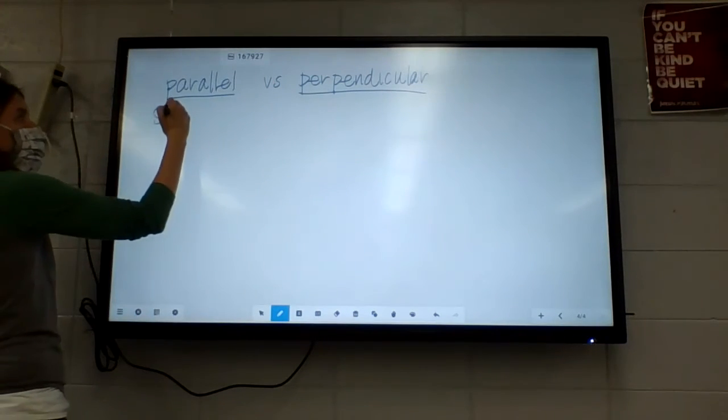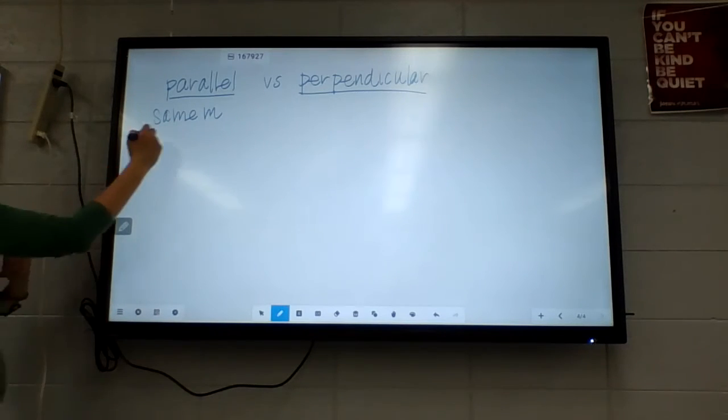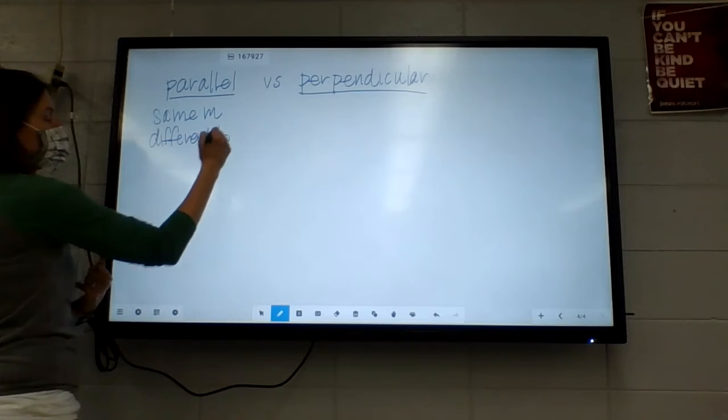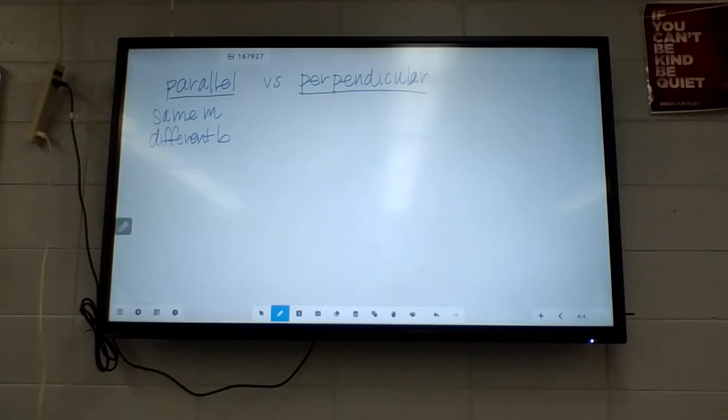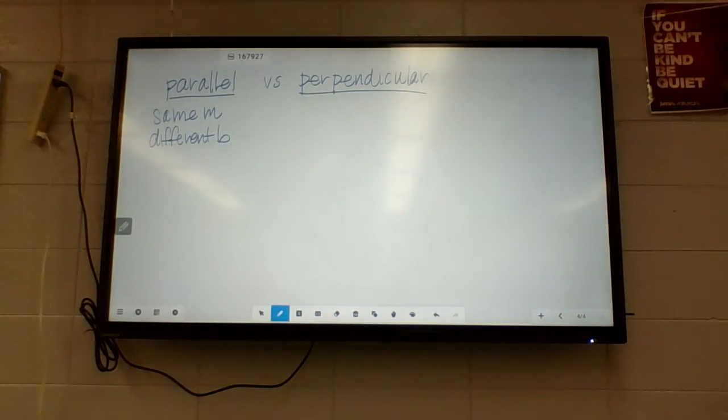So parallel has the same m, and we'll take that m out of there, but a different b. So I don't want to use their b at all. But then remember, perpendicular, we have to flip it and change the sign.